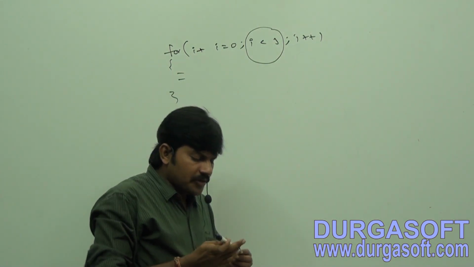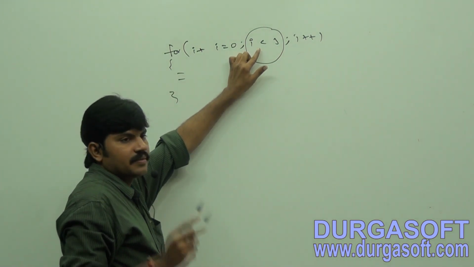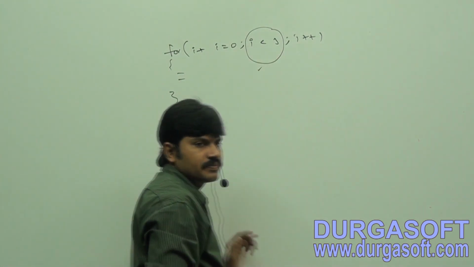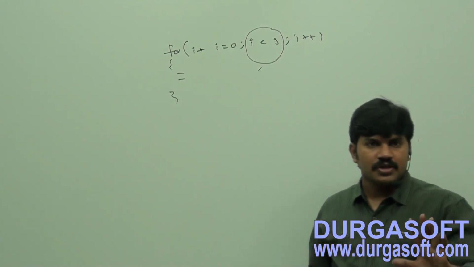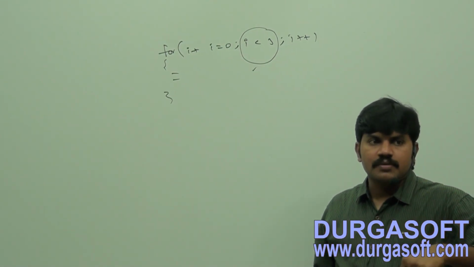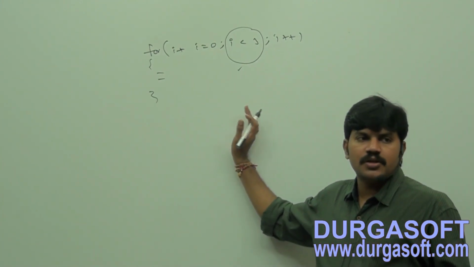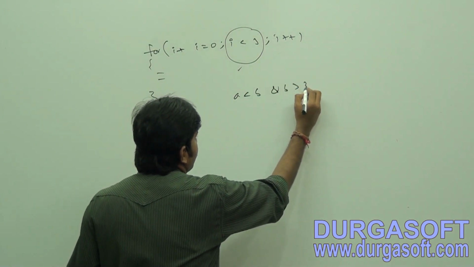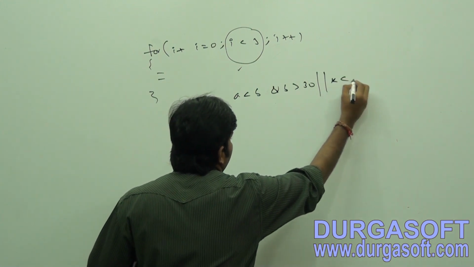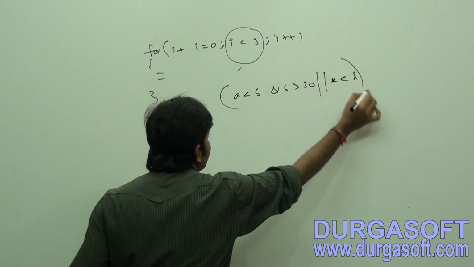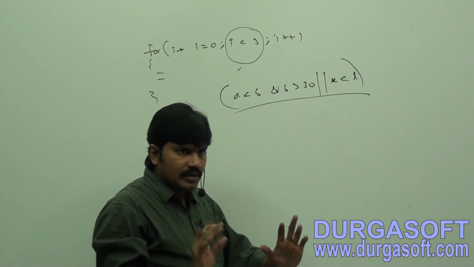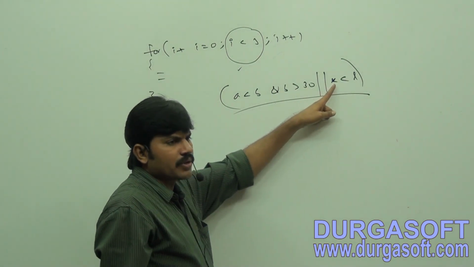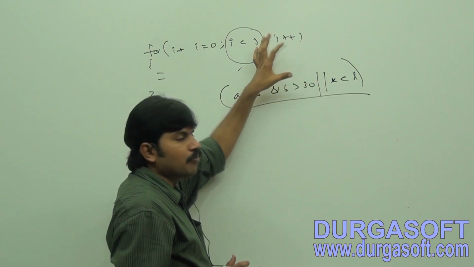Here the point is, we can take any valid Java expression, but it should be of what type? Boolean type. You can take a < b && b > 30 || k < l, anything, no problem at all, but at the end it should be Boolean type. That's what you have to evaluate.